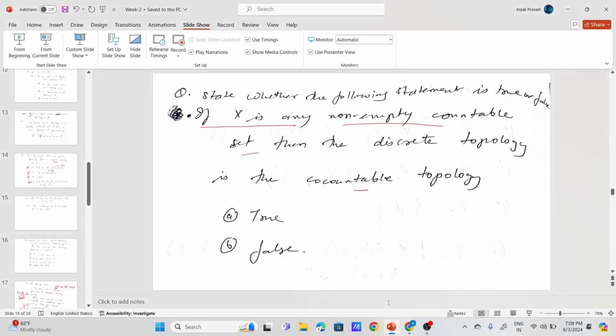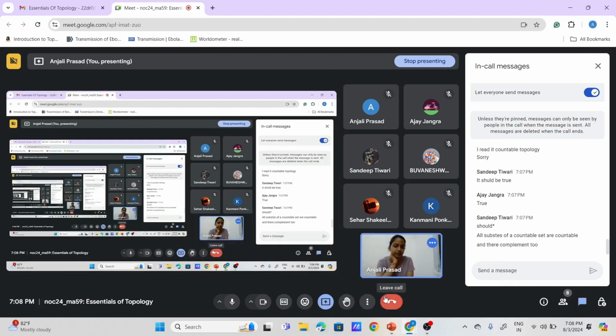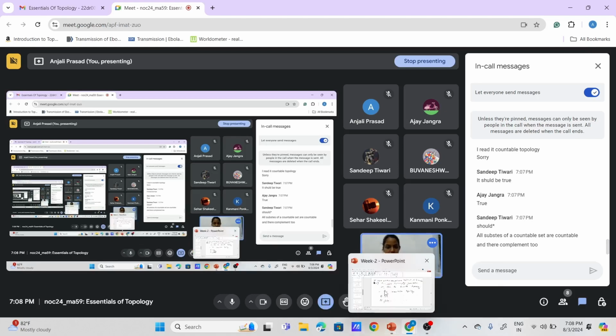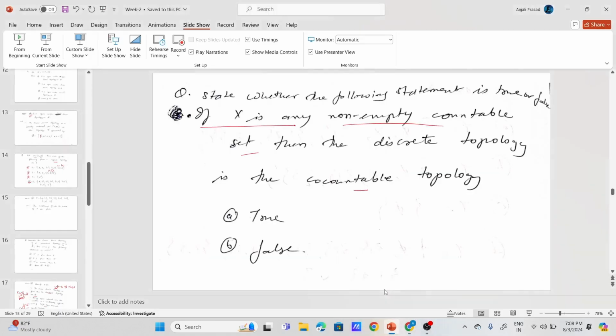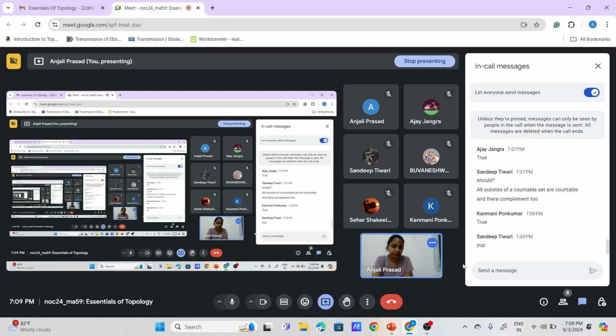Read the statement and tell me what the answer will be. Is it true or false? I guess we did an example on this statement. Yeah, all subsets of countable sets are countable. So their complements will again be countable, right? So this works. Okay, so you also got true. Okay, so let's move to the answer. It's clear now to everyone.